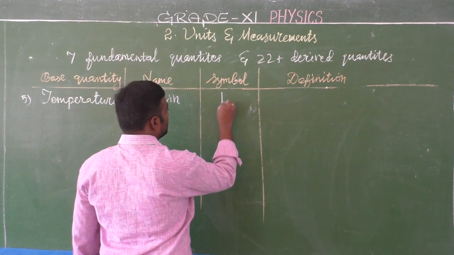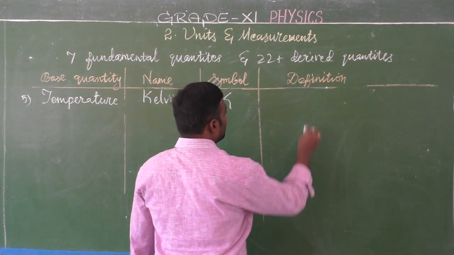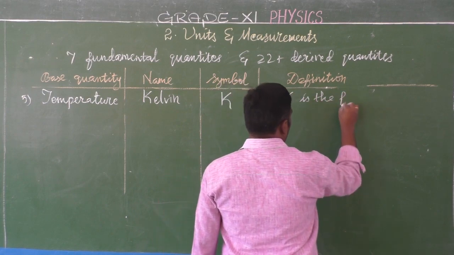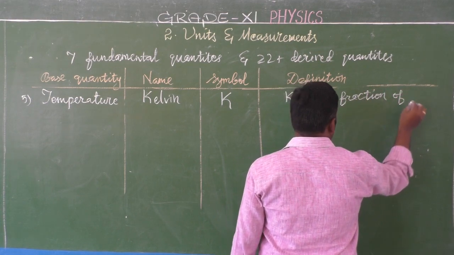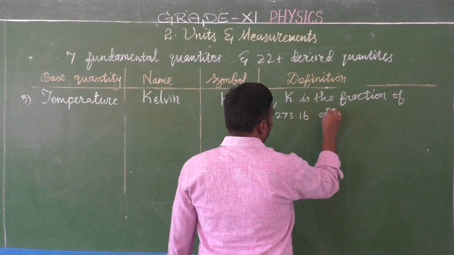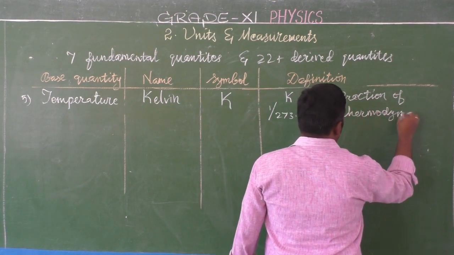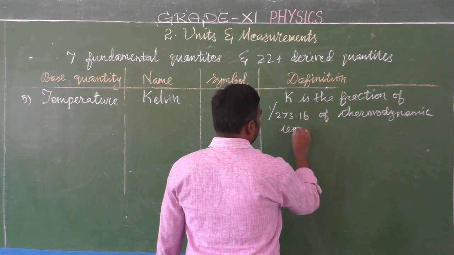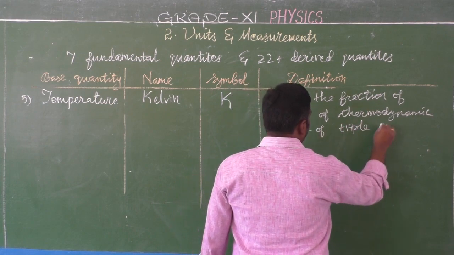The symbol is capital K, and the definition is: Kelvin is the fraction of 1 by 273.16 of the thermodynamic temperature of the triple point of water.